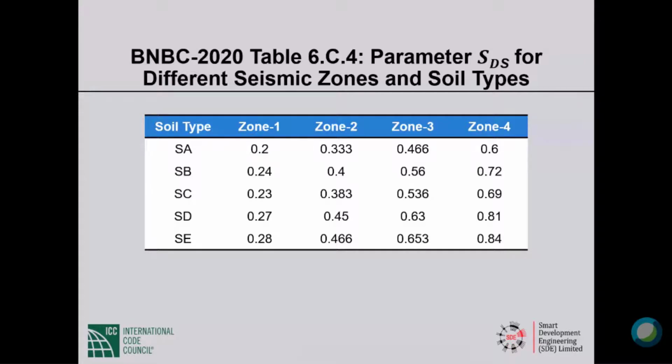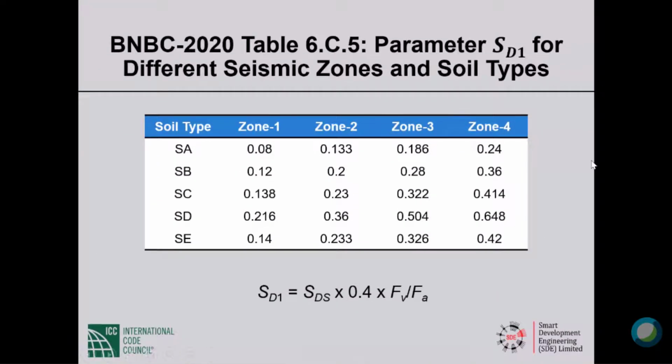You see the values, and the next table gives you S sub D1. So if you go by Appendix C, the design quantities, S sub DS and S sub D1, are directly given to you.